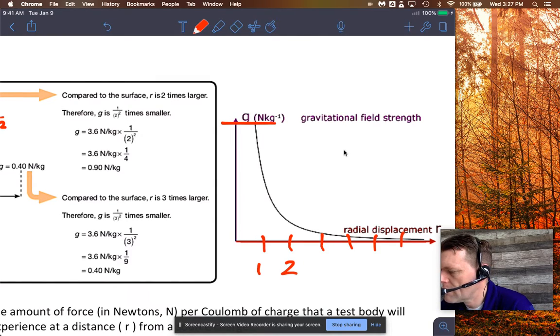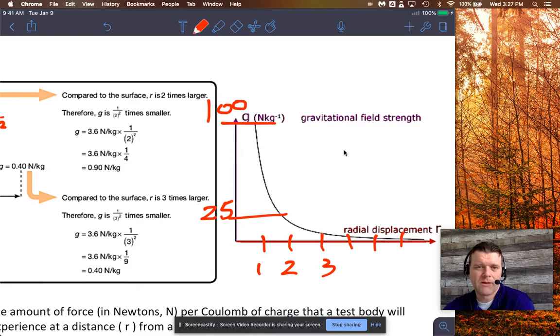Then, if you double the distance, you would go from, say, 100 here, and you would cut that into 1/4. So that would drop you down to like 25. Okay, that's one example. Because you have to cut it by 1/4, and then by 1/3 you would have to drop it by 1/9, and then that would just carry on.